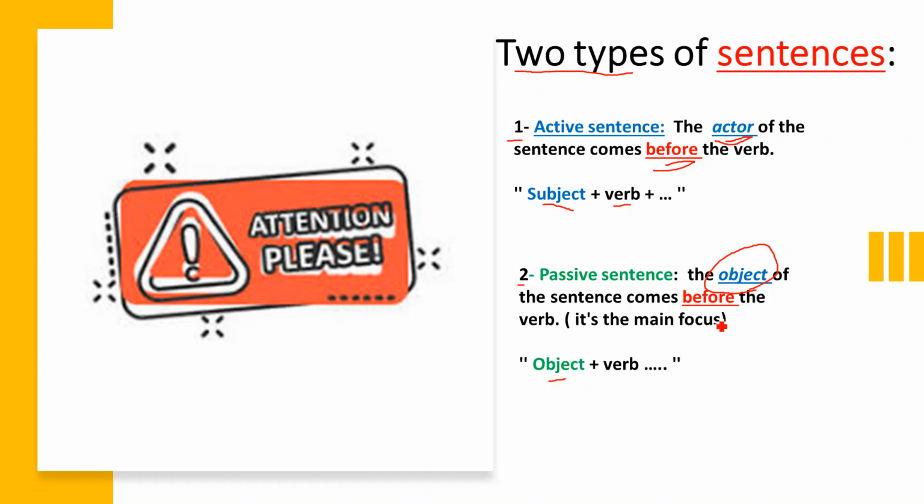So the first one is called the active sentence، الجملة المبنية للمعلوم, because it starts with the subject، تبدأ بالفاعل ثم الفعل. And the second one is called the passive، المبنية للمجهول, because I have no idea who did the action or I just don't care. ليس لدي علم بالفاعل الذي قام بالفعل، أو لا أهتم لذكره، فبالتالي we start with the object، نبدأ بالمفعول به.